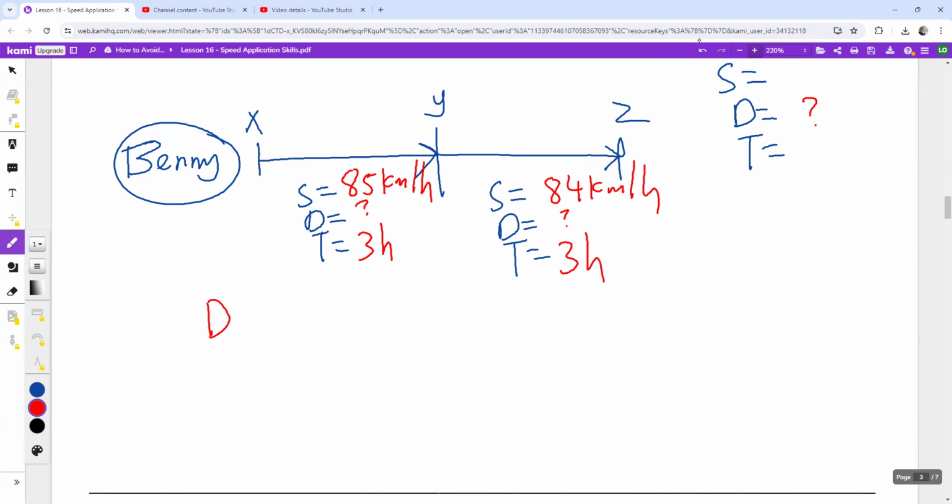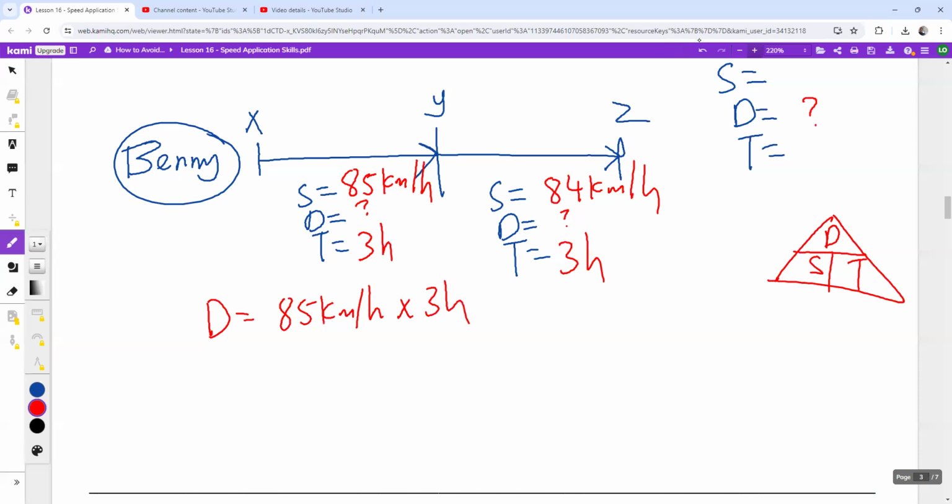So the distance for the first part, if you remember your triangle, you always must have your triangle ready. Your triangle is distance equal to speed multiplied by time. So my speed is 85 km per hour, and you multiply by 3 hours. Once again, you have to make sure that you put the units in your steps so that you can check to see whether the units are the same.